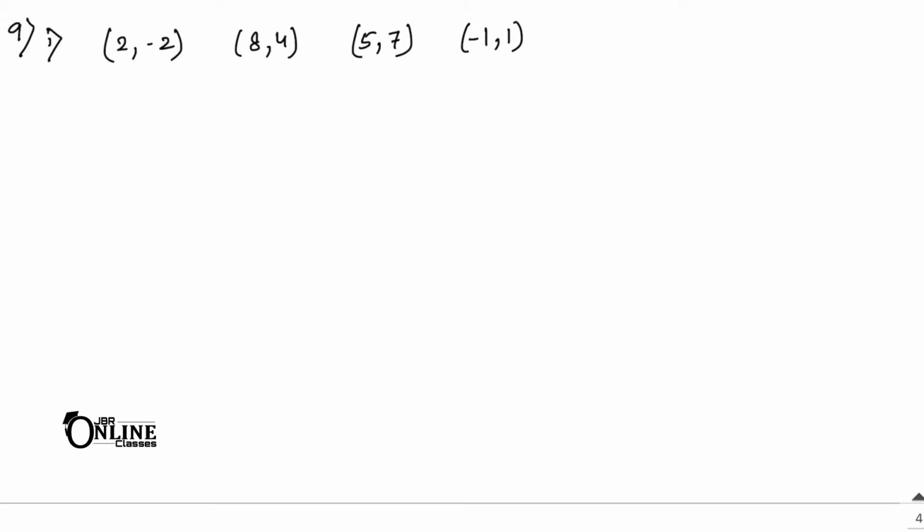Okay, so you know that in a rectangle the opposite sides are equal. That means AB equal to CD if this is a rectangle. So as here ABCD, then AB equal to CD as well as BC equal to AD. But in a parallelogram also the opposite sides are equal.